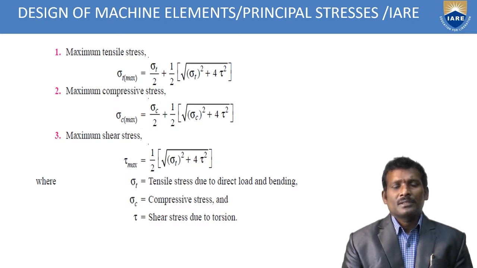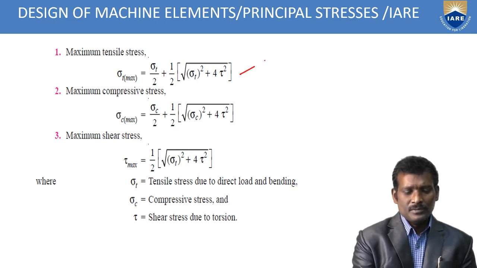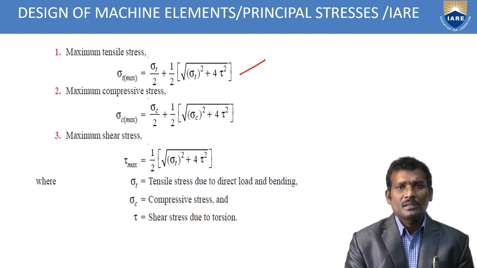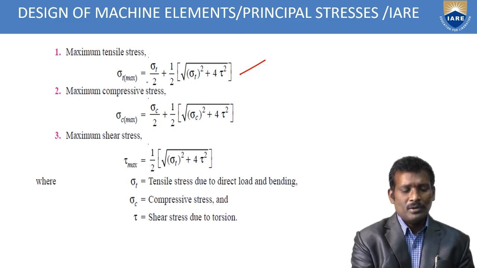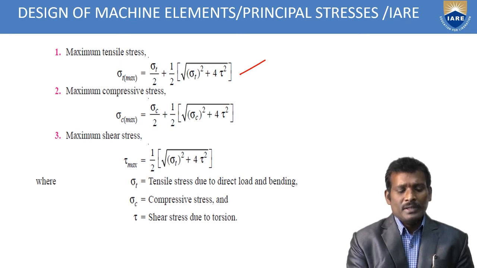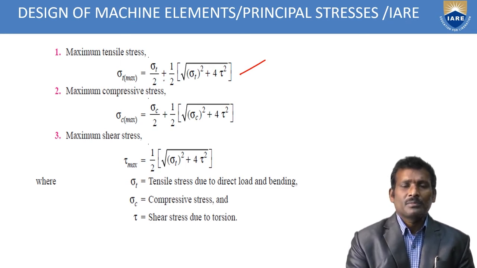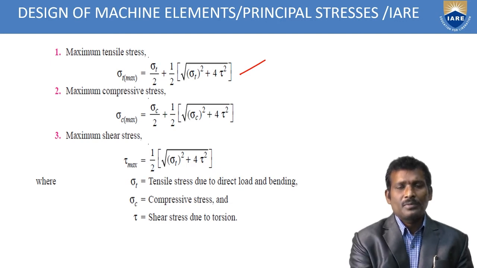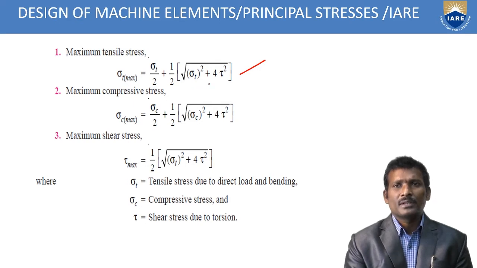Those type of stresses will be calculated by using some equations. The first one is the maximum tensile stress. In this equation, the maximum tensile stress due to direct load or bending load, we can represent with sigma T. The sigma T maximum is equal to sigma T by 2 plus half into square root of sigma T whole square plus 4 tau square.